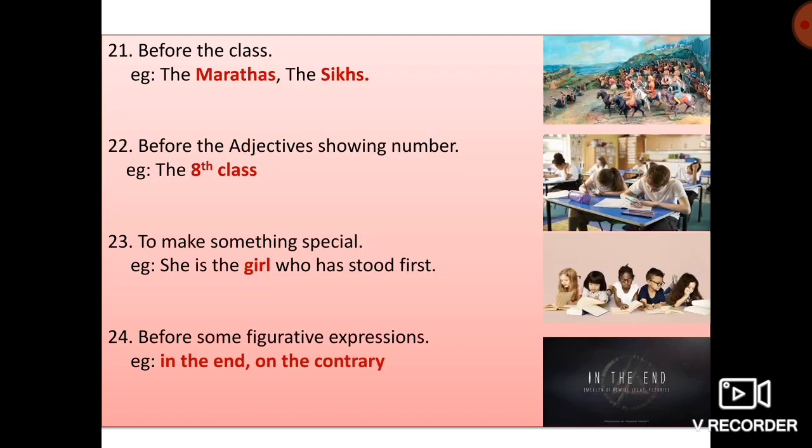Before the class, like the Marathas, the Sikhs. These are the class. Next is before the adjective showing number, like the eighth class. Here, class is a noun and eighth is an adjective. And we are using the before an adjective showing number.